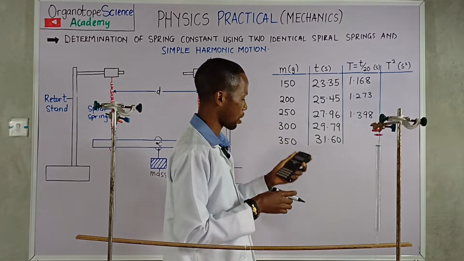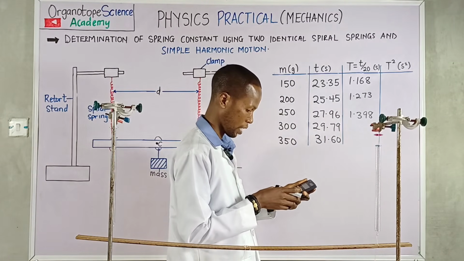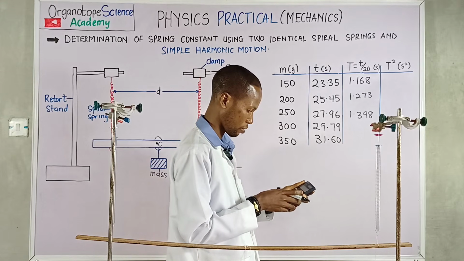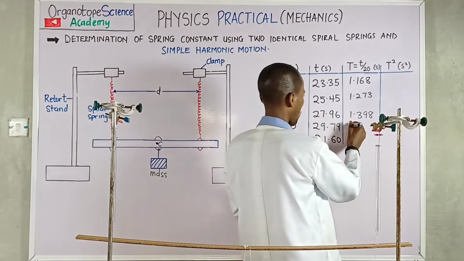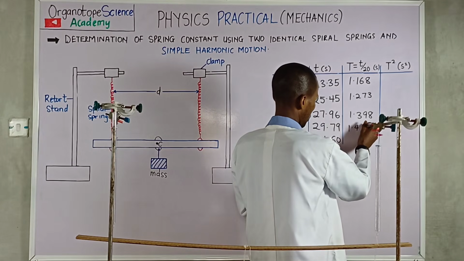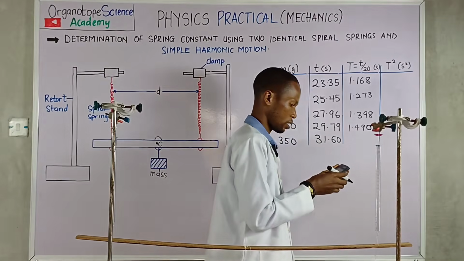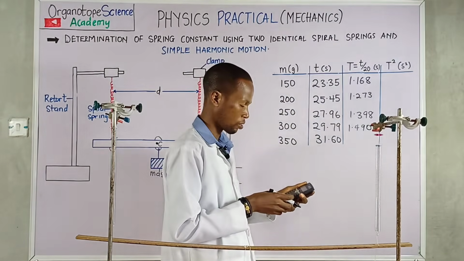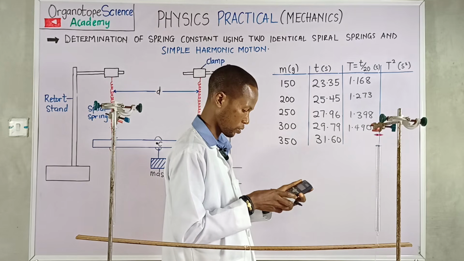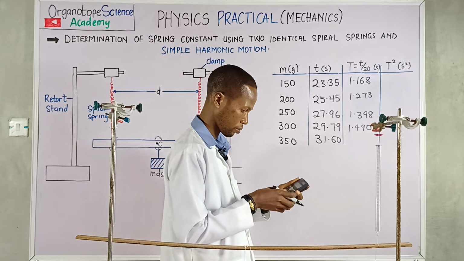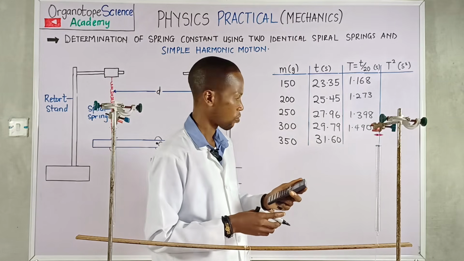For the 300 gram mass, the time is 29.79 divided by 20. We have 1.490. Okay, then the next one, for 350 gram mass, the time is 31.60. Divided by 20, we have 1.580.